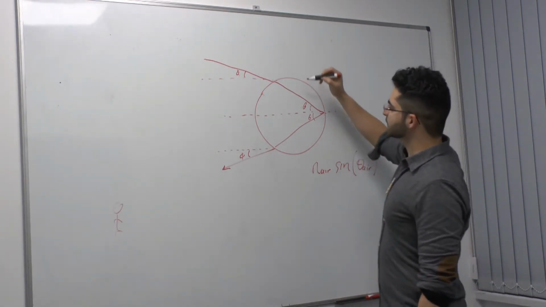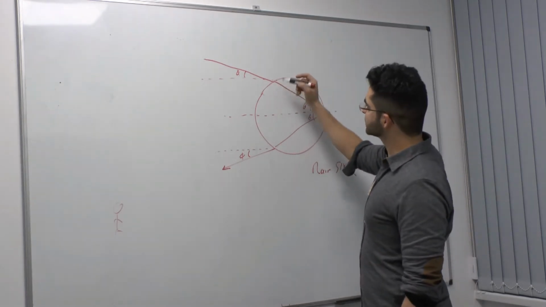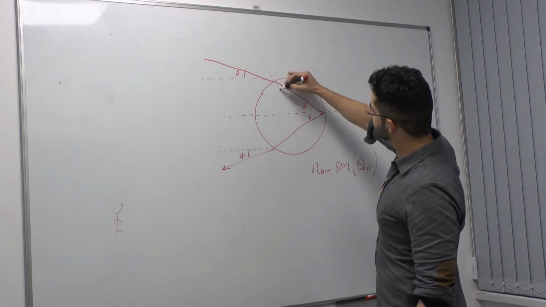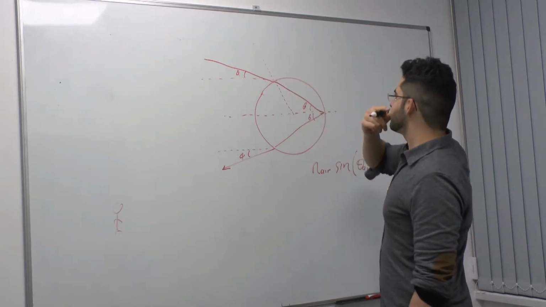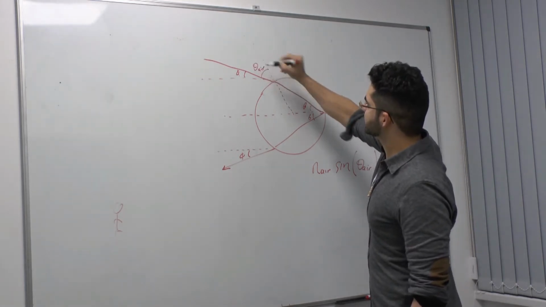This is the angle at which the incident beam arrives with respect to the normal to the surface. The normal to the surface would be something like that, and we know that it has to pass through the center of the circle. So this is what we call theta air.